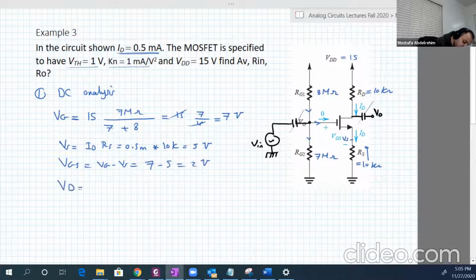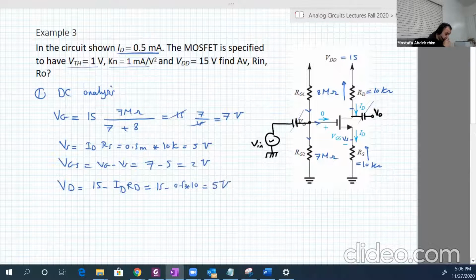VD, this point here, is equal to 15 minus the voltage drop across RD. So 15 minus ID RD.